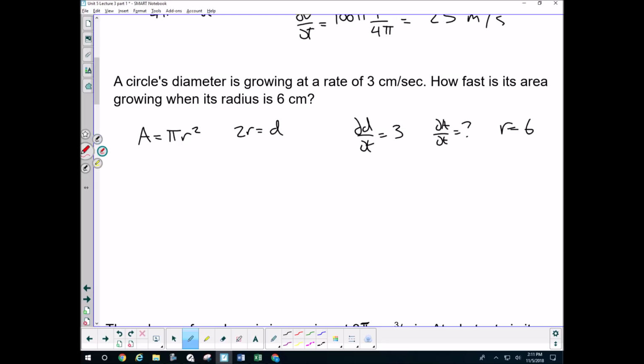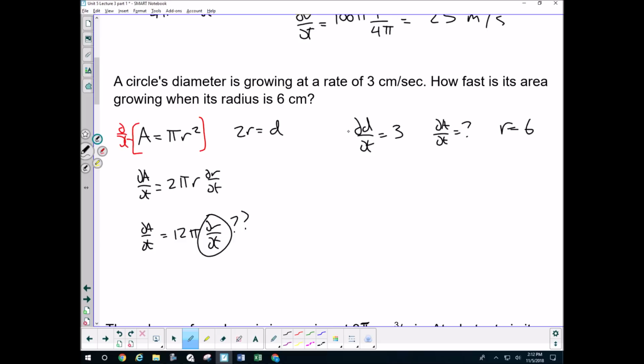Because if I took the derivative of A equals pi r squared, first, let's make sure we get the derivative down correctly. And I plug in r, which is 6. I still don't know what dr/dt is. But I'm given information about dd/dt.